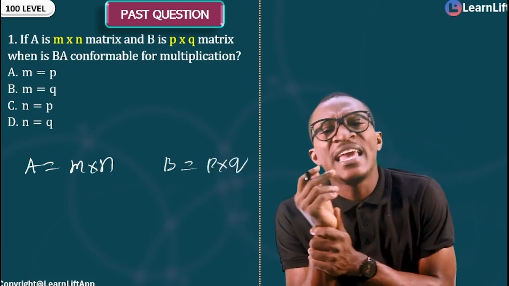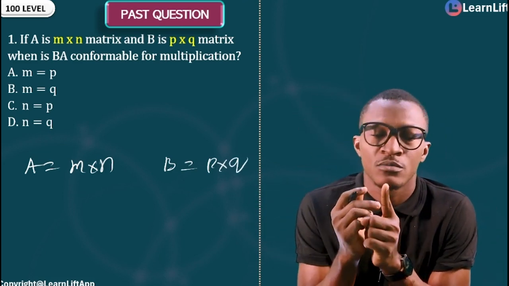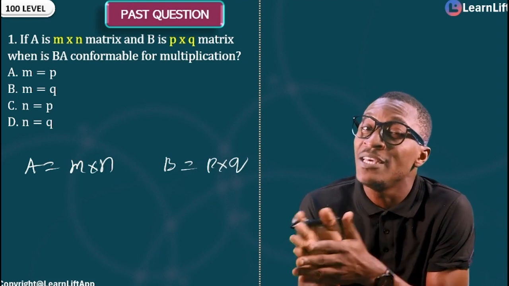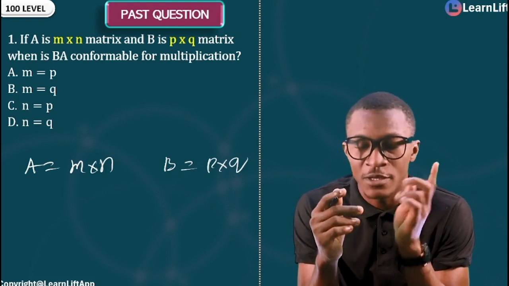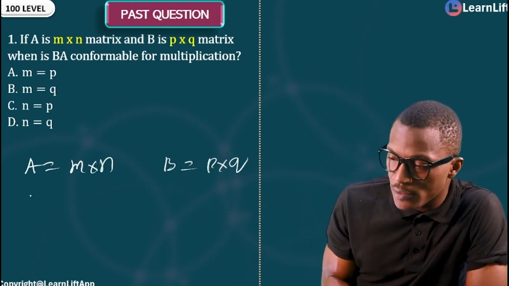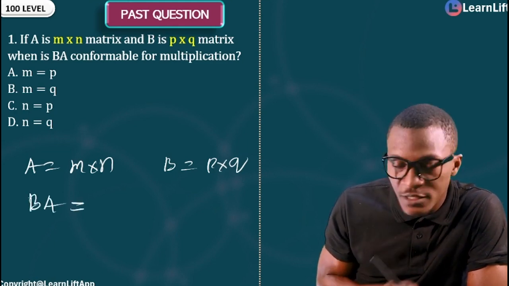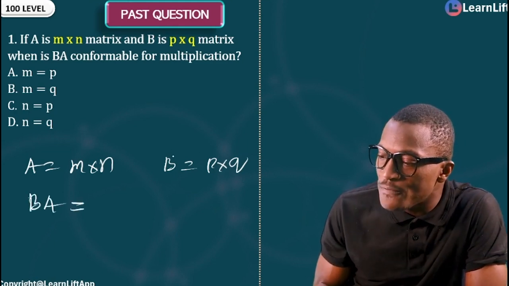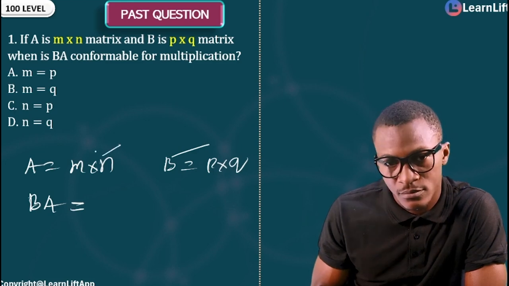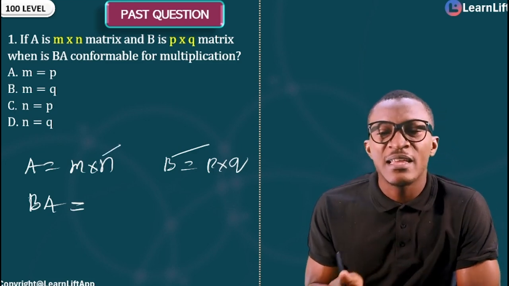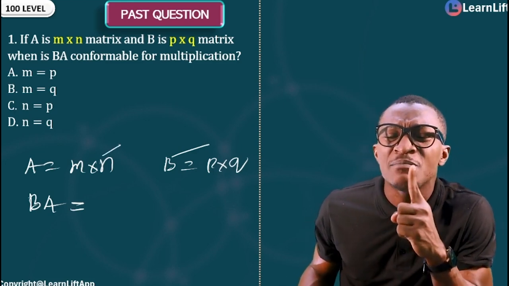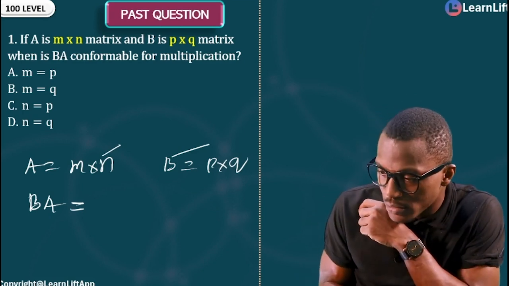When is BA conformable for multiplication? Now, it's not AB, it's BA. AB is different from BA. Let's do it for BA. BA means we are bringing B first before A. So, what is the criteria? The column of the first matrix. What was the first matrix here now? B.